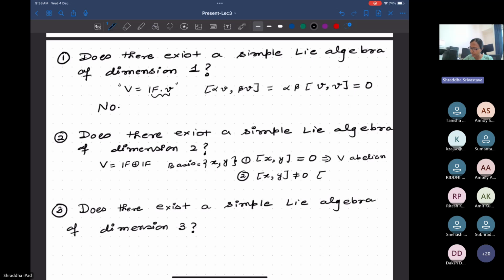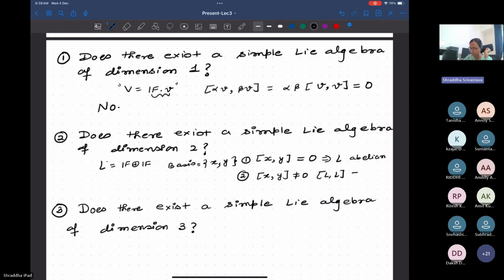Then in that case, the derived algebra, you might be a bit uncomfortable with me writing V, so let me write L, because L was the notation. I am starting with the vector space and analyzing the possible commutators. So in that case, the derived algebra [L, L], what can you say about this?